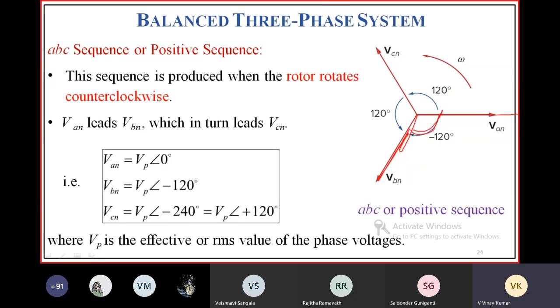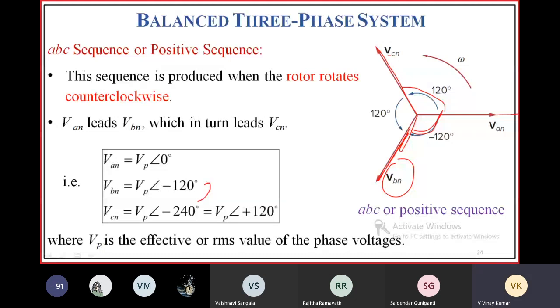The phase displacement is 120 degrees. Next we can have VCN like this. VCN lags VBN by an angle 120 degrees, so the angle between these two is also 120 degrees.